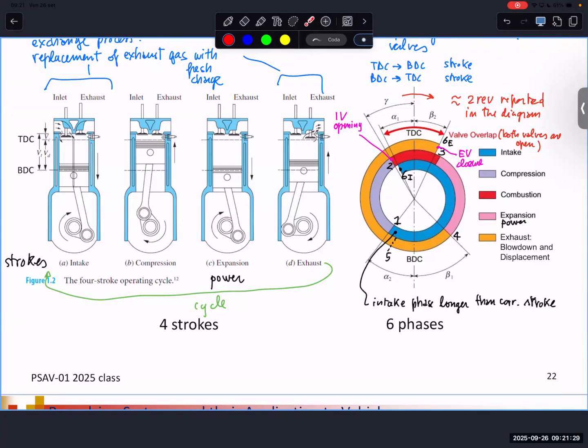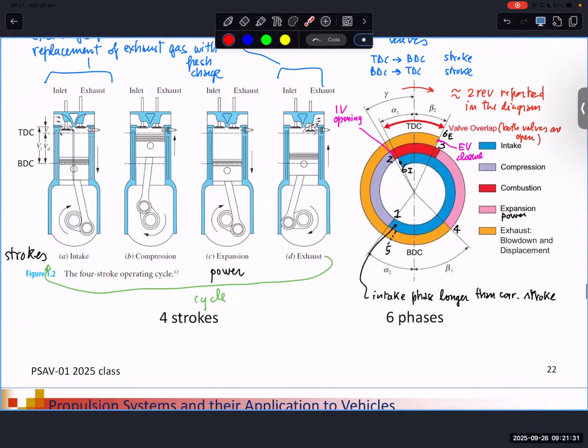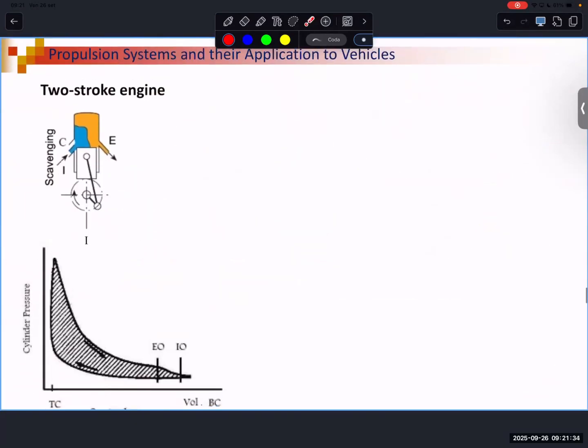But even if we are not going to discuss the two-stroke cycle in depth, and we will see why, at least to have an idea, we would like to spend some time on a description of the two-stroke cycle. How many phases will we consider in the two-stroke cycle?